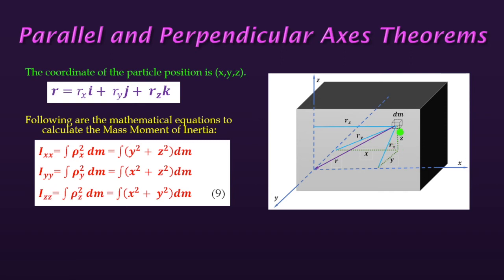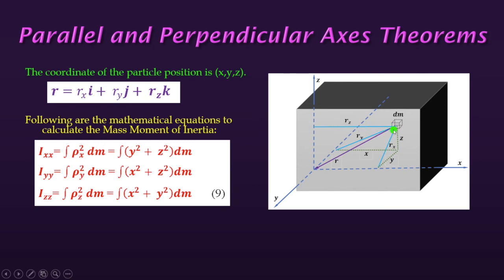Again, I repeat, here x, y and z are the coordinates of this position, and rho x or rx, ry and rz are the components of the position vector.